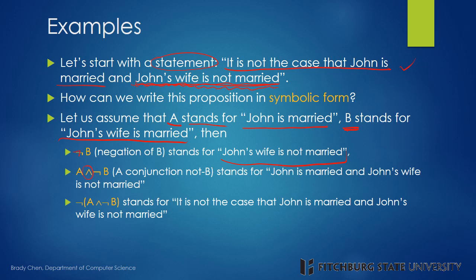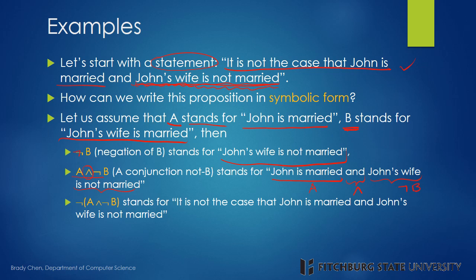So this stands for John is married, that's A, and that's the conjunction. John's wife is not married, that's negation of B. So A, conjunction, negation of B stands for John is married and John's wife is not married.